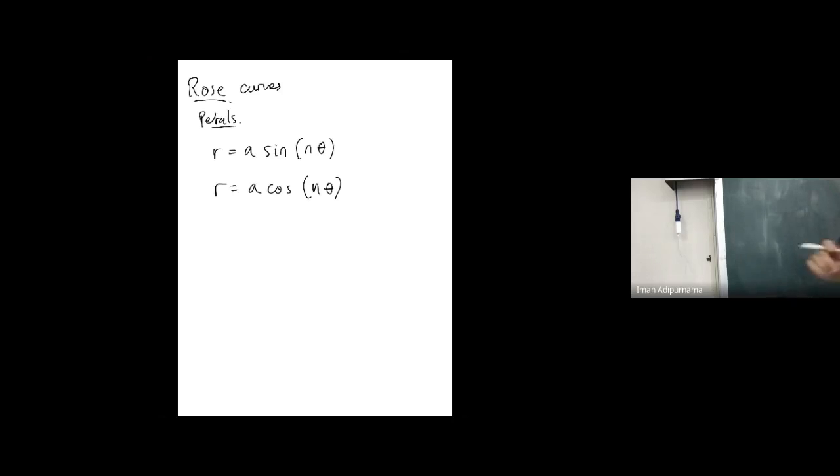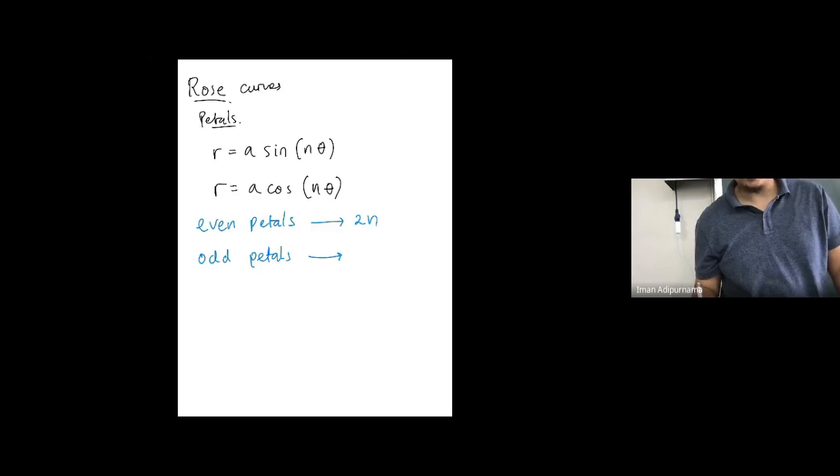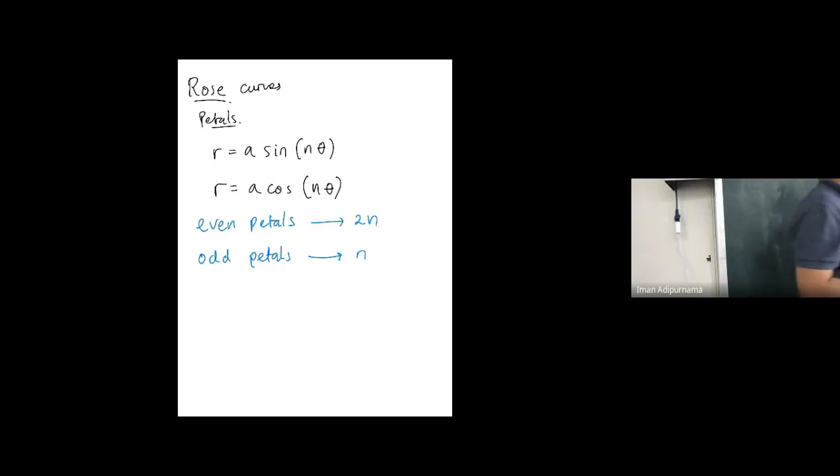So let me write, for even petals it's 2n, for odd petals it's n. This is the number of the petals.